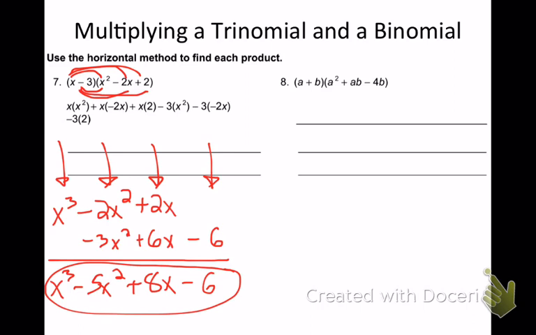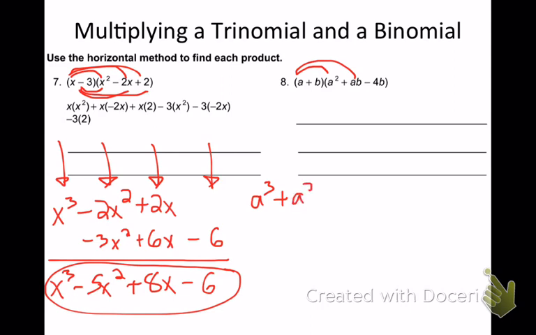So again, big thing is I need to make sure I remember to distribute twice. So I need to distribute the first term, then the second term. So let's do number 8. I'm going to take a times a squared. What's a times a squared going to give me? A to the third. I'm going to take a times ab. What's that going to give me? A times ab?